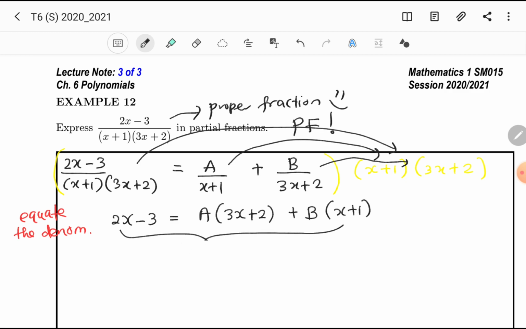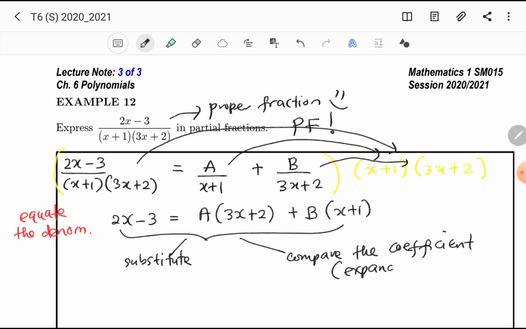Boleh sama ada kita substitute ataupun compare the coefficient. Okay, nak compare coefficient, we need to expand first.